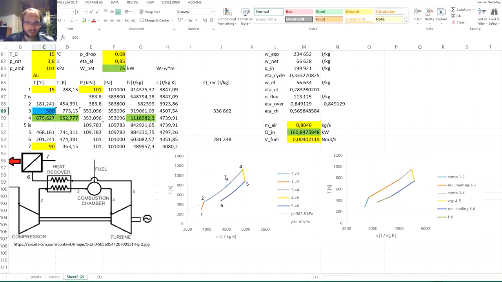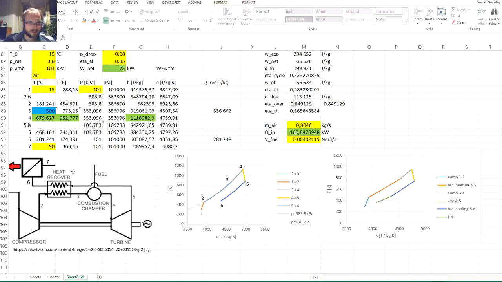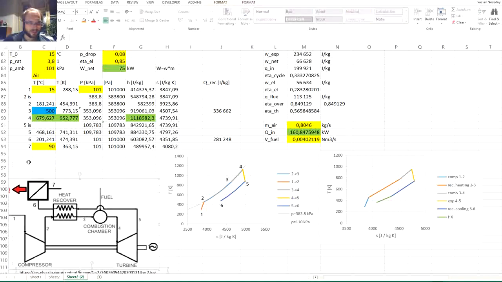There needs to be a difference between temperature 5 and temperature 3 of 20 degrees C. So let's put it in, for example, like this: T5 minus T3, and we can see that it's not plus 20 but minus 30.